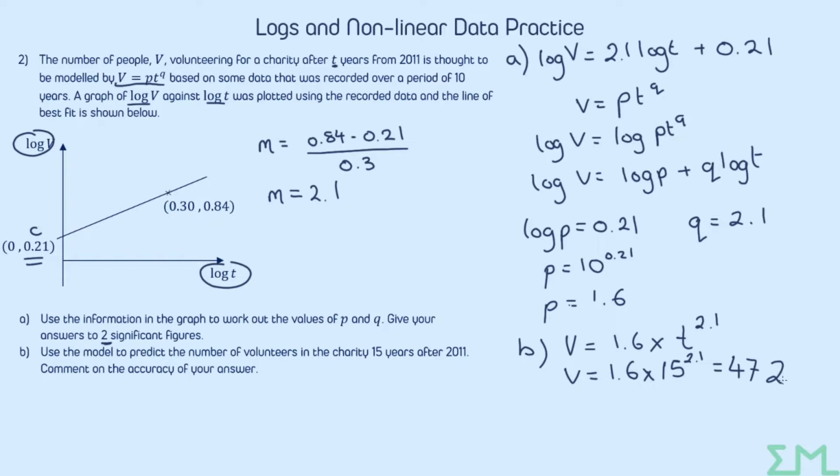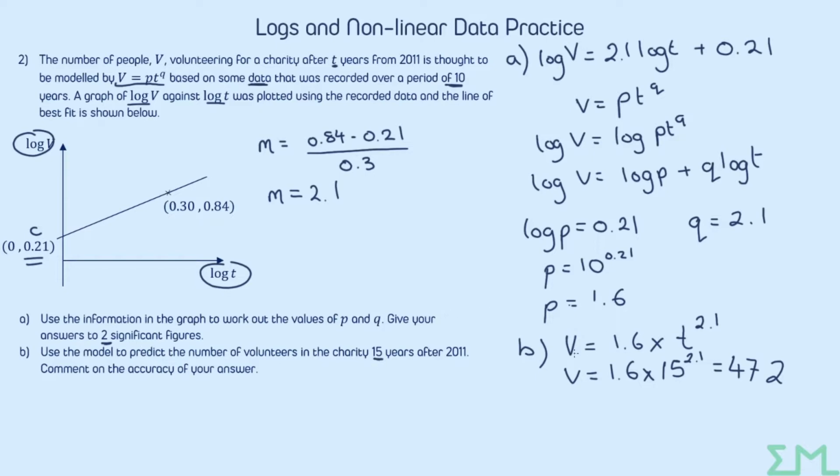It says comment on the accuracy of your answer. Okay, so this is actually a little bit of stats that we have to think about here, because we were told that the data was recorded over a period of 10 years from 2011, and here we've put in 15 years.